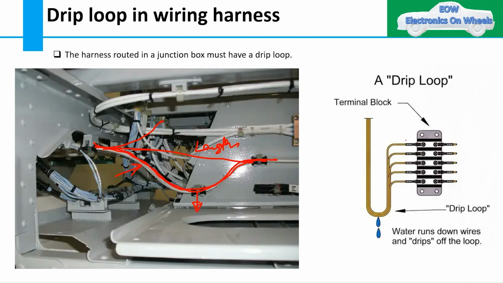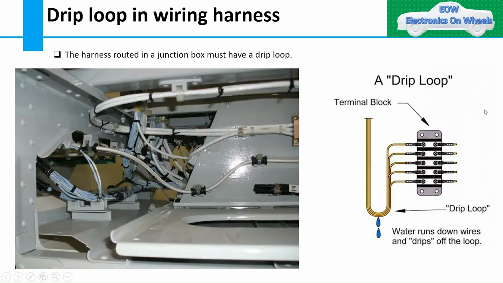This is one example. Here also, if your terminal box, fuse box or junction box is like this, don't give the routing like this. Try to give it in such a way, if it is in a wet area, that whenever water comes, it runs down the wires and drips off the loop, and goes to the ground. It should not go into the junction box.